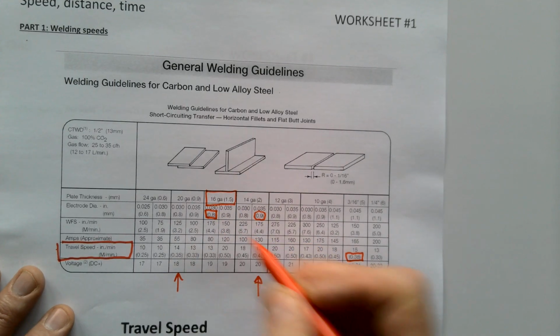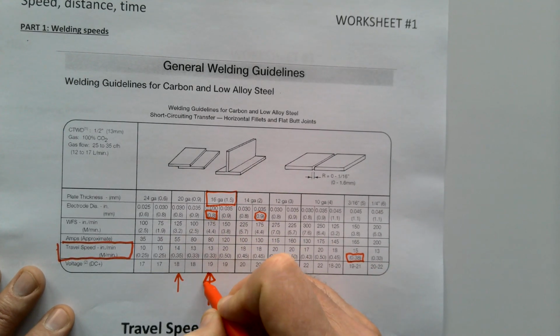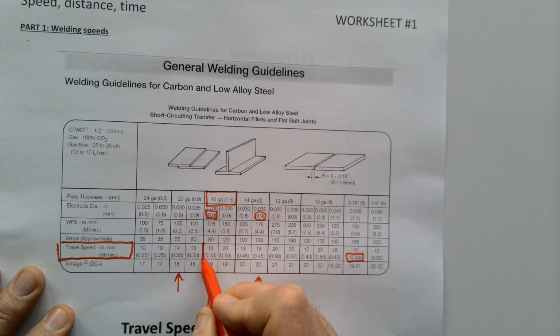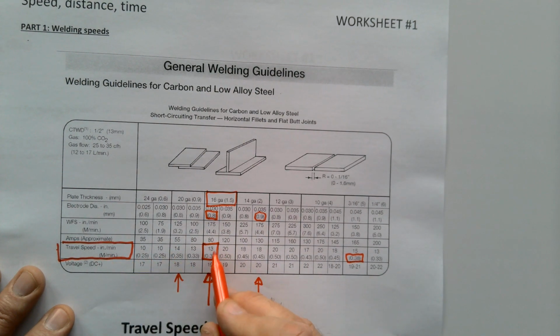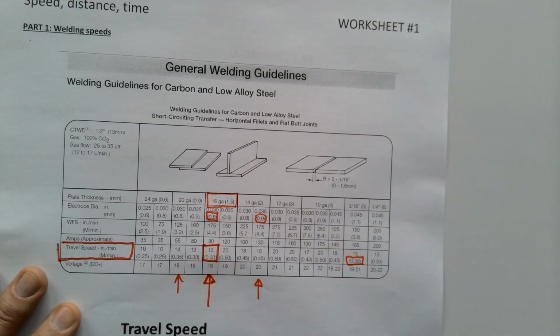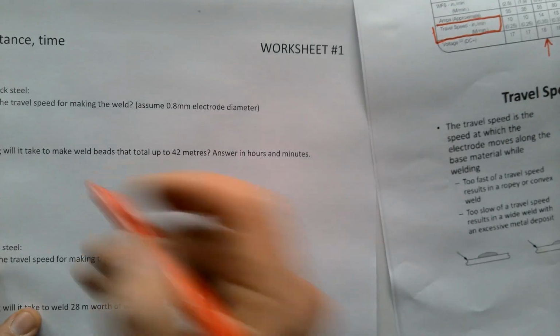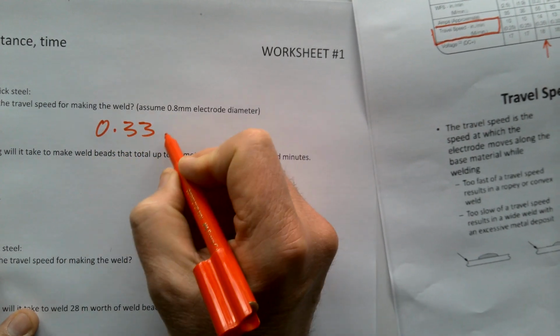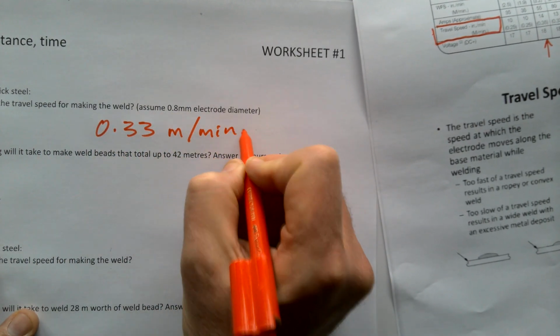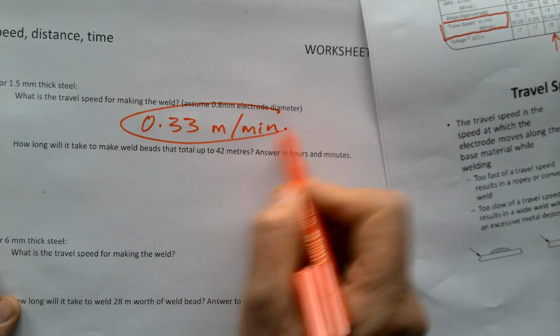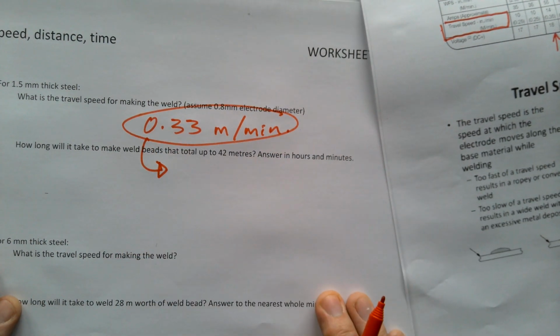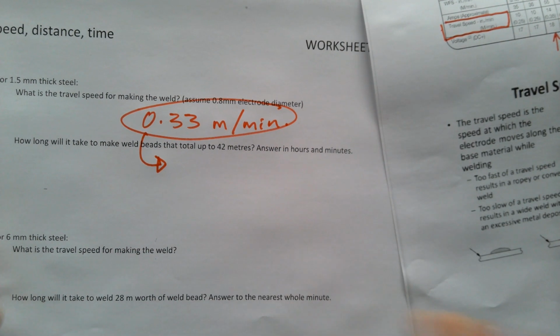So that's the 0.8 millimeter electrode, so we're looking at this column here. Bang, right there, that is the travel speed, 0.33 meters per minute. So you would go 0.33 meters per minute, and then you can use that in that question. Okay, that's how you read that.